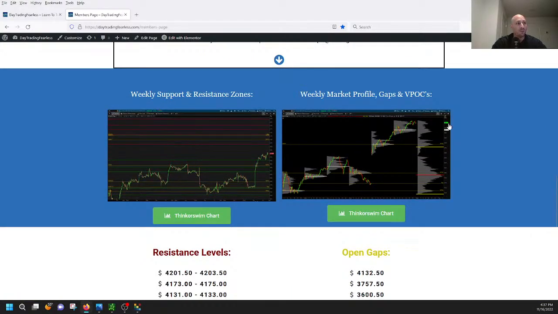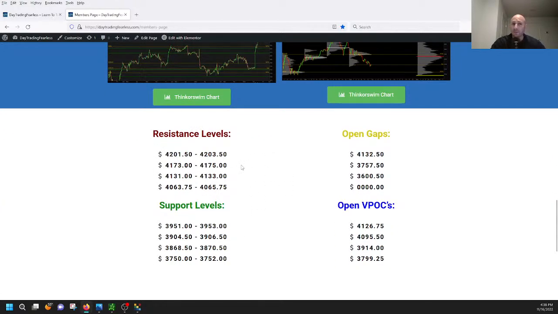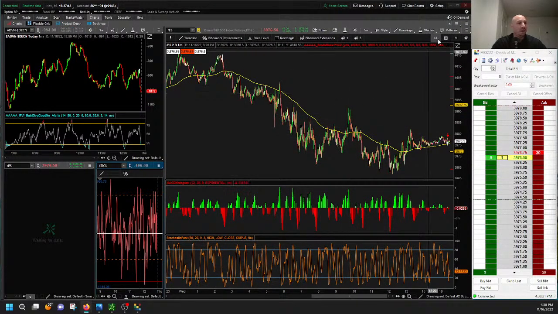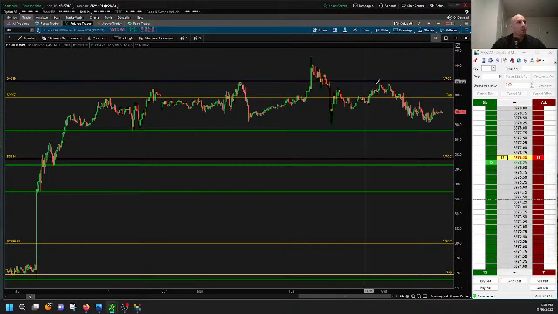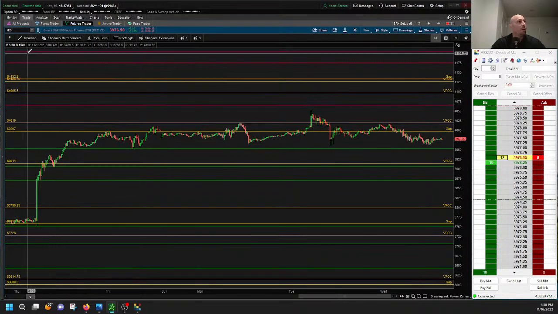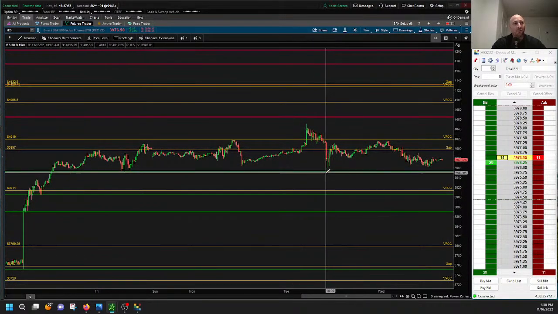So these are what the trade zones look like if you use Thinkorswim. I actually have shared charts, so you would just download that chart, save the drawing set, and put these zones on all of your charts. If you use another brokerage firm, these are the top 4, bottom 4 support and resistance levels you can manually put in. So with that being said, this is what the trade zones look like for this week. As you can see, we kind of came down close to the bottom one.